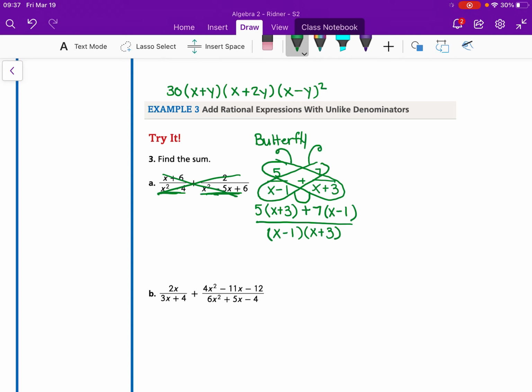And then you notice that it makes a cute little butterfly. From there, we use our algebra skills on the top. We distribute to get 5x plus 15 plus 7x minus 7. So I'm multiplying here, all over that bottom. I'm not doing anything different, I'm just rewriting it.